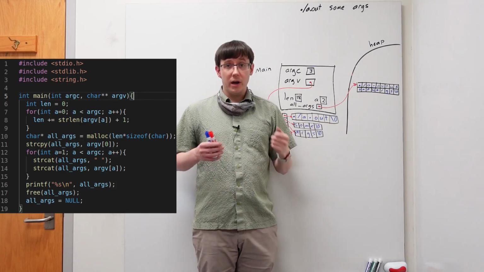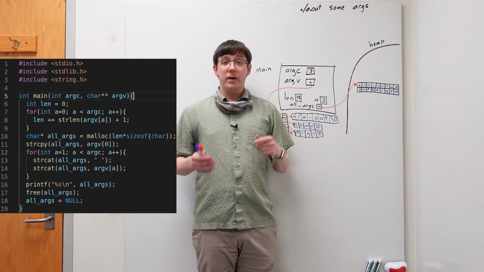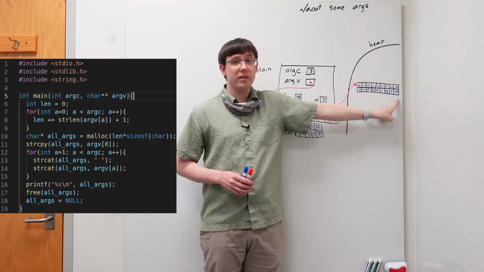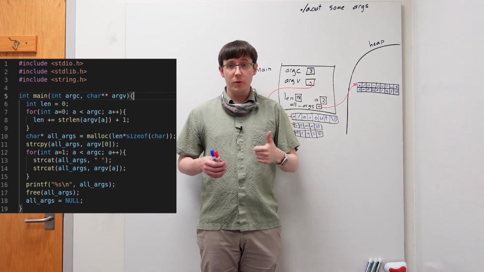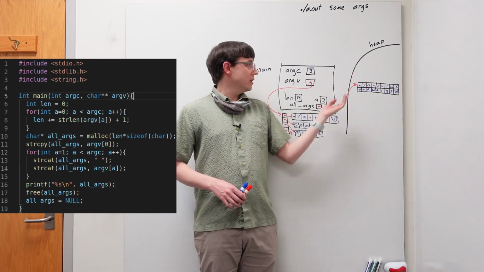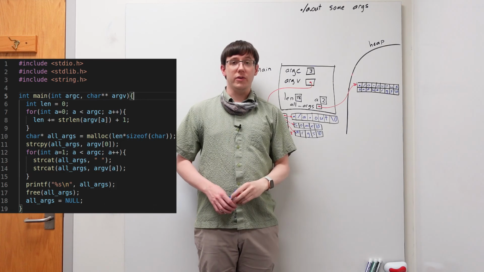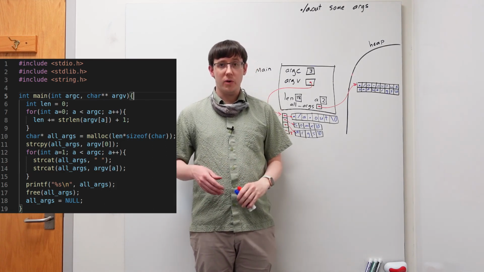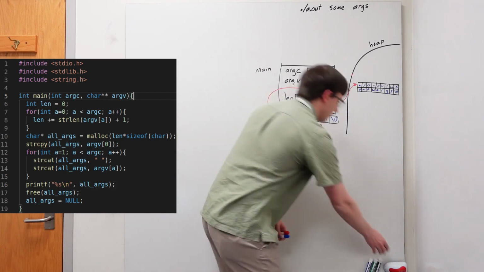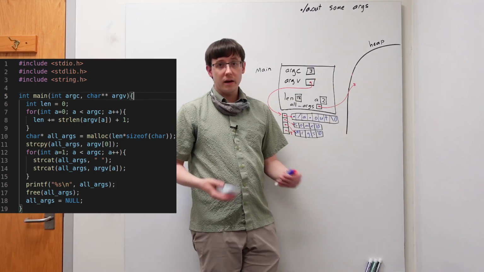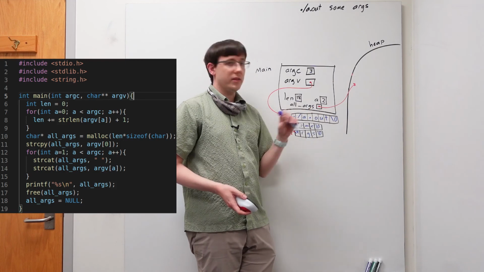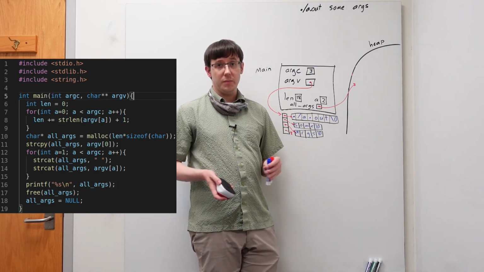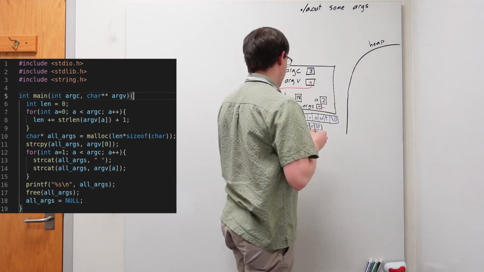But due to our careful use of strlen, and also adding the +1 to account for the spaces and the end of string, we had enough room, and so we will succeed in printing out all of the arguments. Then on line 17, we free our all args string. And on line 18, we set the all args pointer to null to make sure that we don't access invalid memory.